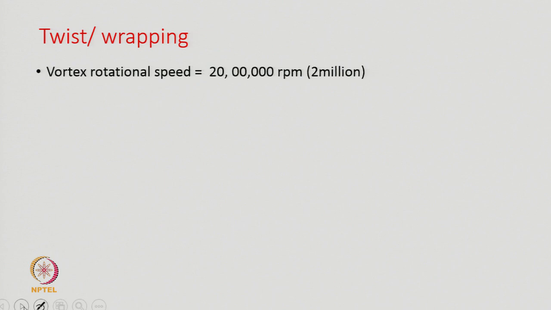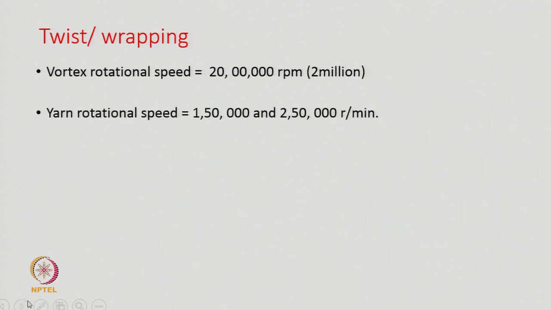The next one is twisting or wrapping, because we see on the surface of the yarn some fibers are wrapping at different angles. So, we call it wrapping or twisting, whatever we want to say. Typically, vortex rotational speed is 2 million RPM. The yarn rotational speed is 150,000 to 250,000 revolutions per minute.